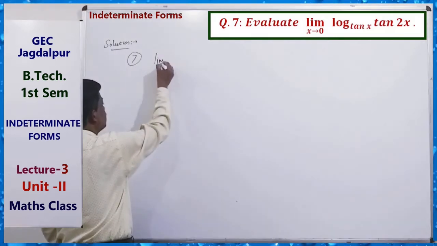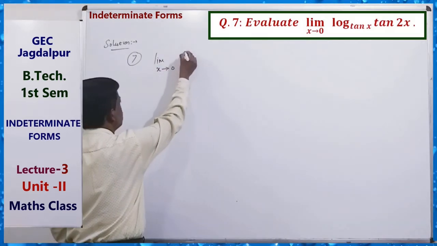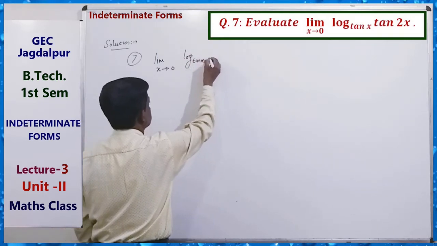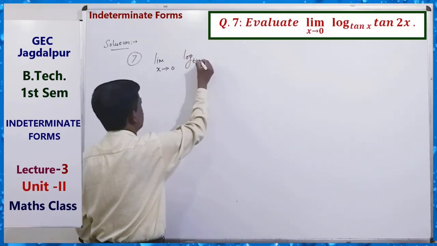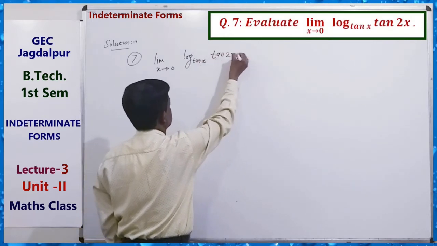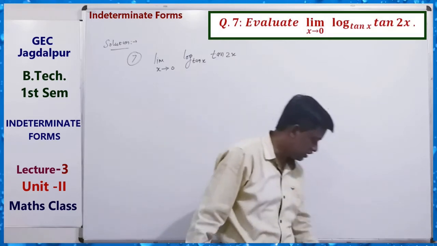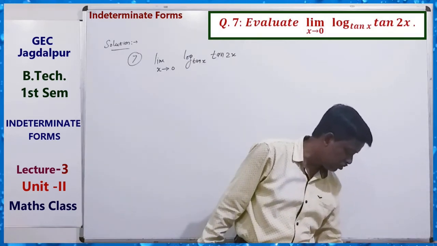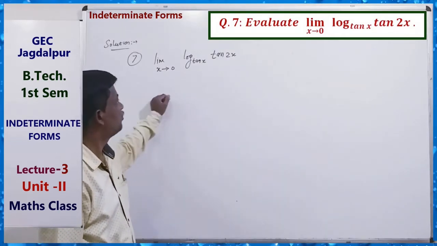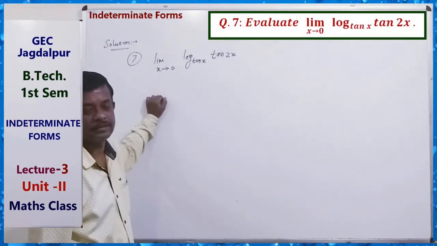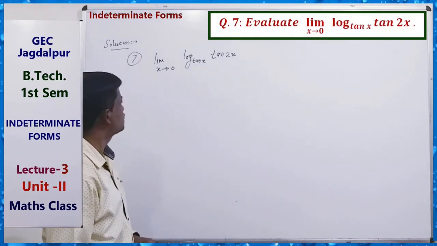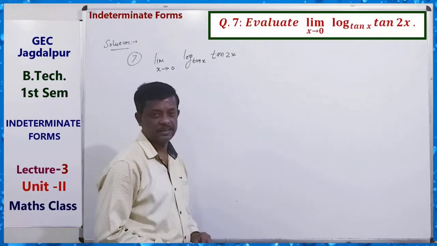Limit x tending to 0 of log of 10x to the base 10x. Here it is log of 10 to x.